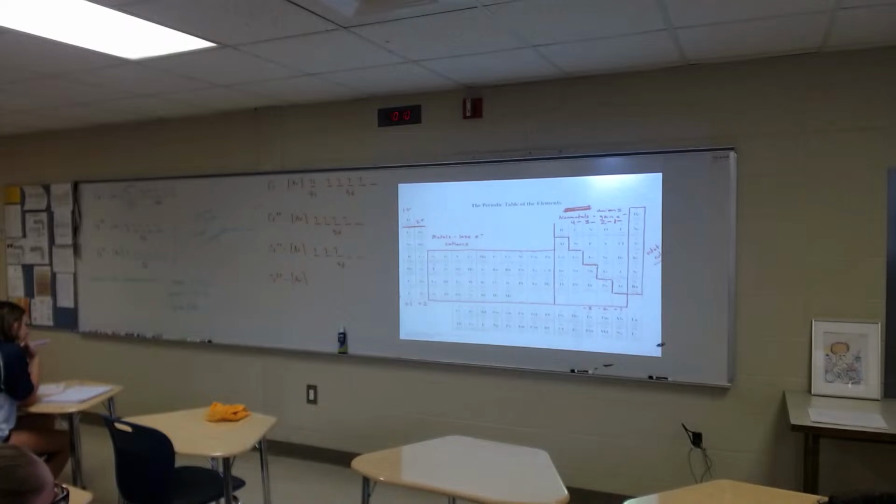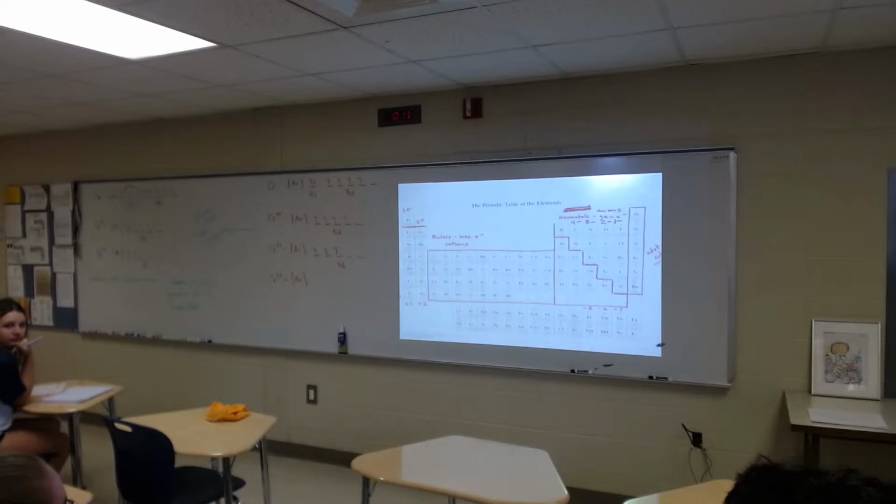If we want to be really, really technical, which I'm not going to be, but just in case you have a real jerk of a college professor like I had, the technical way that you write a charge is number, sign, and oxidation state is sign, number. I had a professor who would take off points for that, which I thought was ridiculously rude. I don't do that because the AP exam's not going to do that.